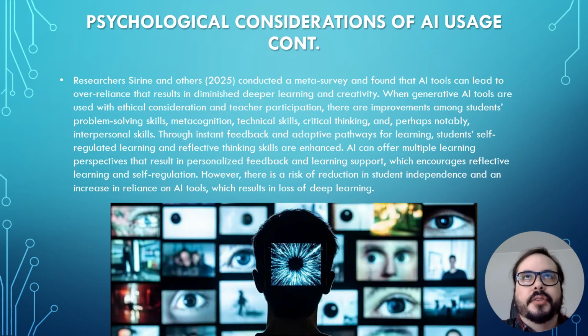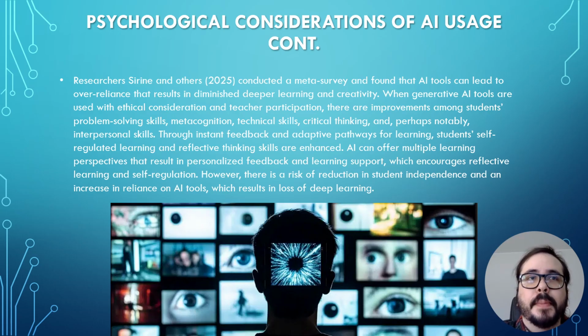In another meta-survey, they found that AI tools can lead to over-reliance, which results in diminished, deeper learning and creativity. We'll be going over that a little bit later. And when AI tools are used with ethical consideration and teacher participation, there are improvements among students' problem-solving skills, metacognition, which is basically executive order and higher functioning, analyzing yourself, technical skills, creative thinking, and notably interpersonal skills.